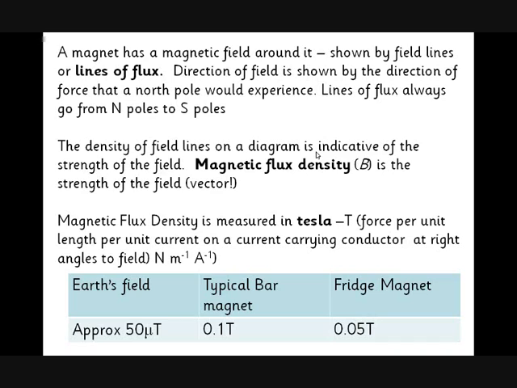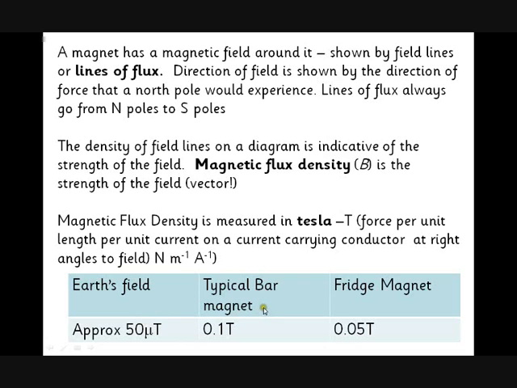The unit of magnetic flux density is the Tesla, capital T, and this is the force per unit length per unit current on a current-carrying conductor at right angles to a field. But this is basically the force between two wires that are carrying an electric current. Some typical values: the Earth's field has a magnetic flux density of around 50 microteslas, though it varies depending on where you are on the Earth's surface.